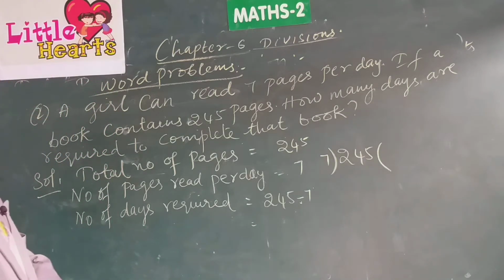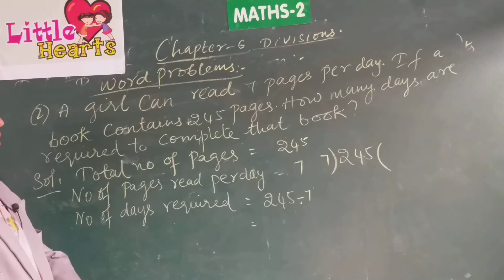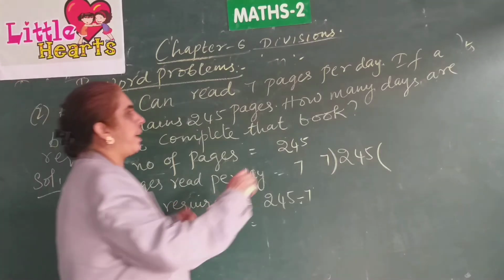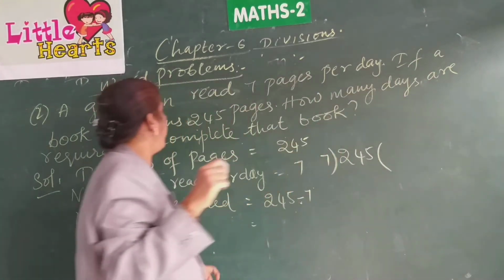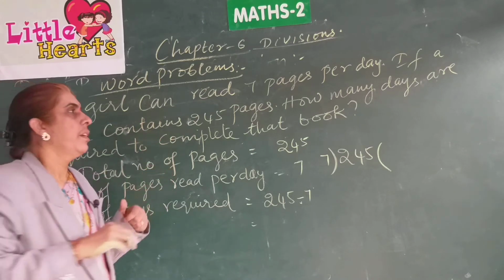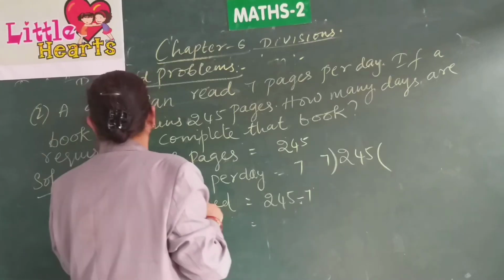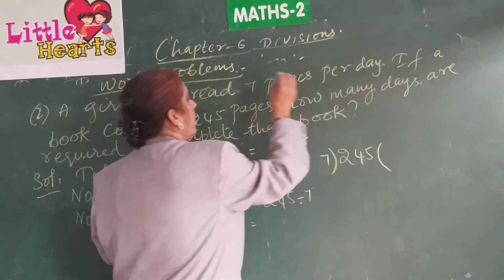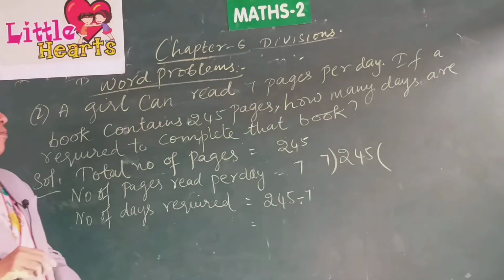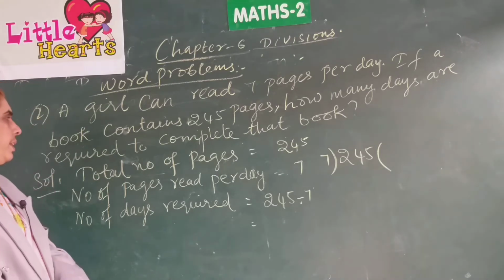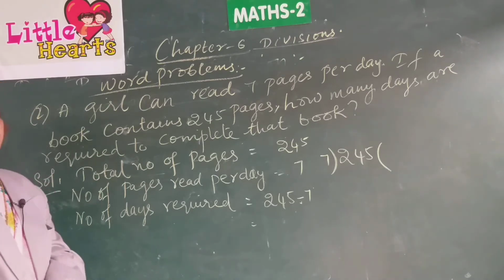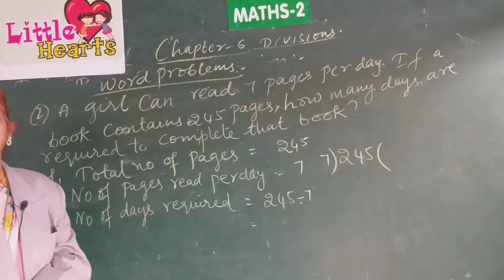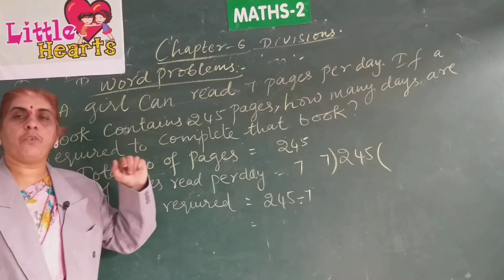Yes, children, a girl can read 7 pages per day, and if a book contains 245 pages, how many days are required to complete that book? So, total number of pages are given, that is 245.